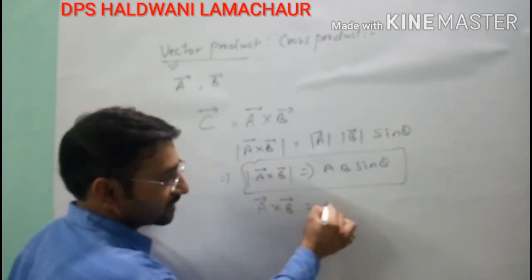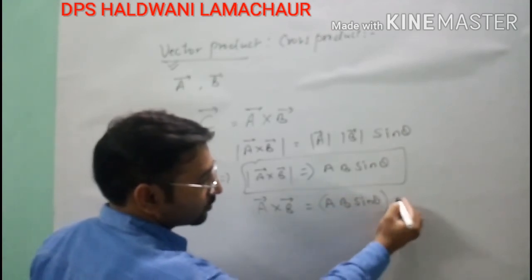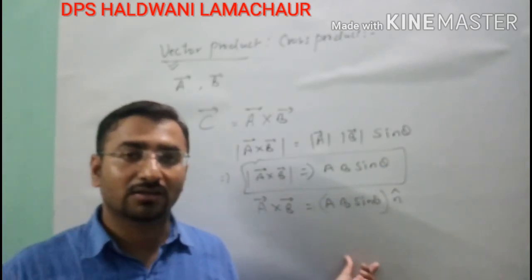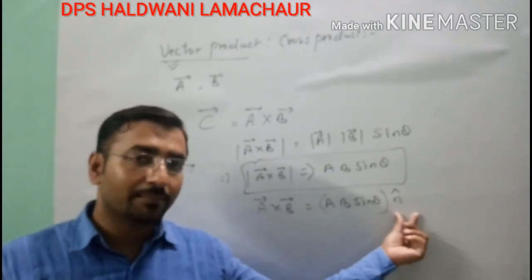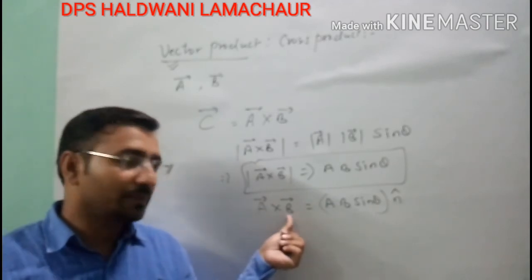So A cross B is equal to AB sine theta along with n cap, the unit normal vector, and the direction of n cap will be normal to both vector A and vector B.